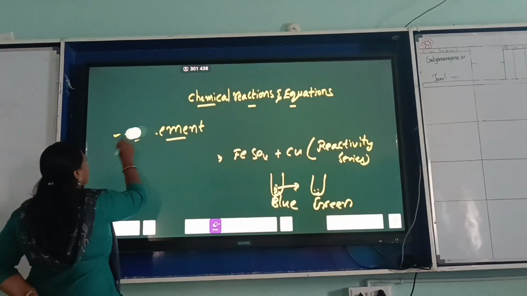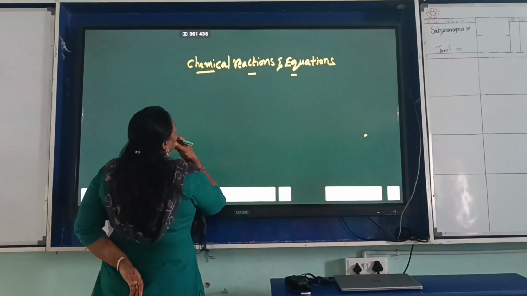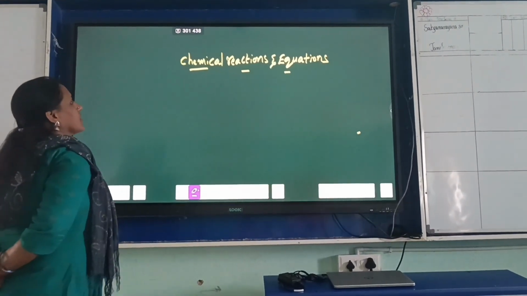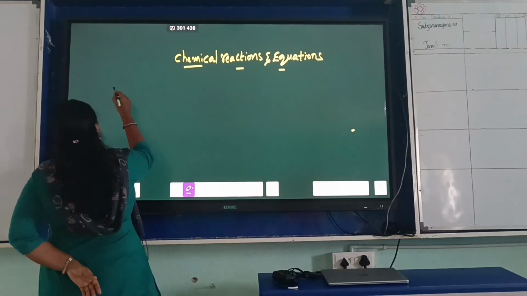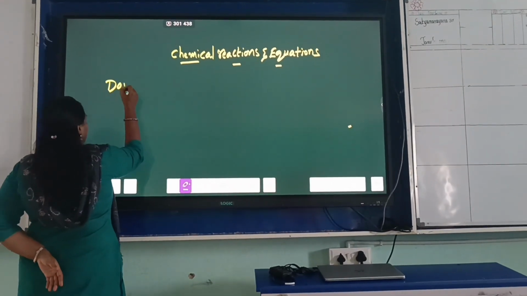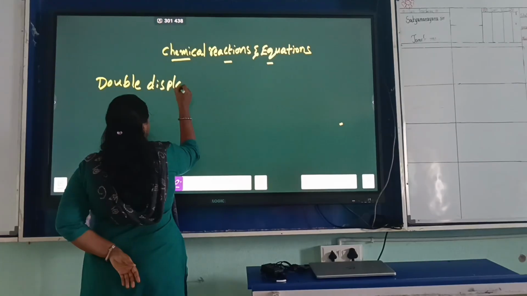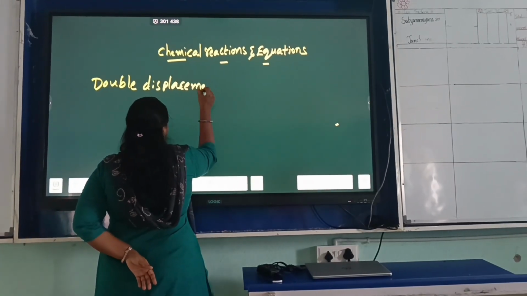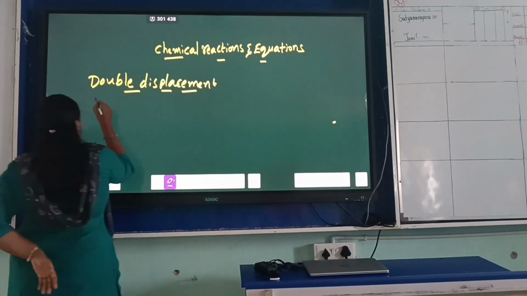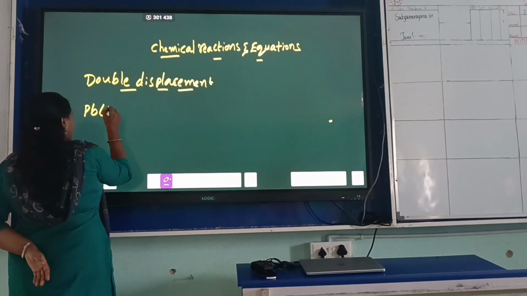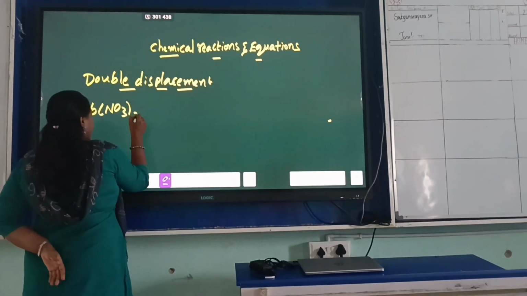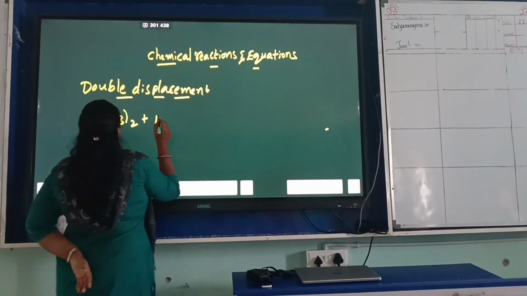Next one, double displacement. We are going to explain the double displacement reaction. In that, we already explained activity 1.2. Lead nitrate solution is taken into a test tube, and another solution, potassium iodide.